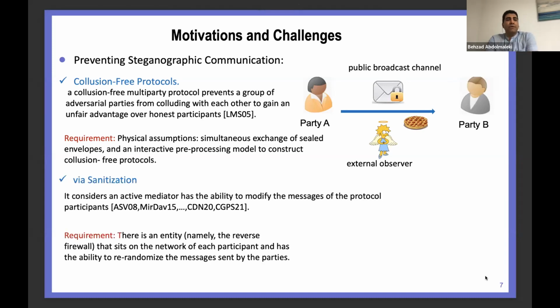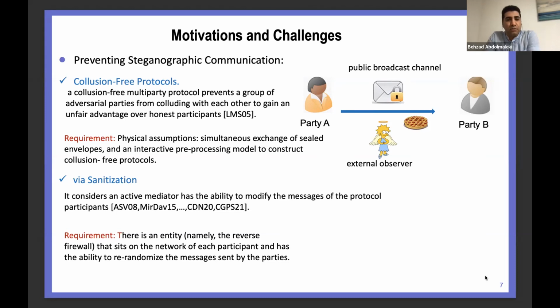And also another way to overcome the impossibility and construct such steganography-free communication is using synthesizations, which in this model, instead of using physical assumptions, considers an active mediator. This active mediator sits between the parties, party A and B, and can modify the message. So it is an active mediator.